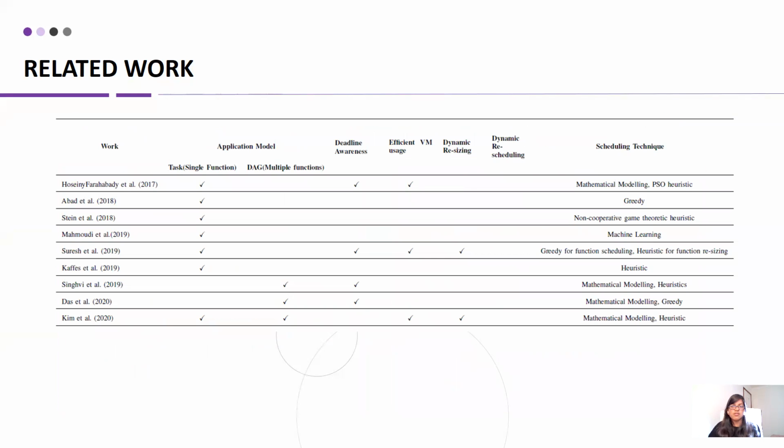Our work focuses on efficient techniques for function scheduling and the management of allocated resources. So here we have presented some works in the literature related to those areas under serverless computing. We have identified each work in terms of the application model, the awareness of the deadline, efficient usage of online resources, and the dynamic nature of resource management.